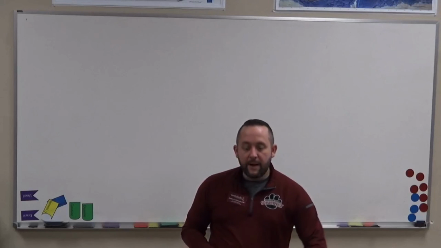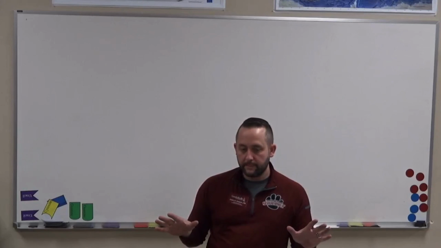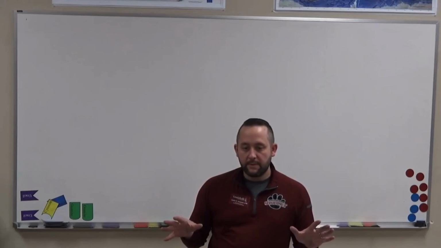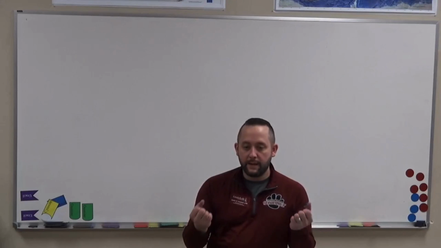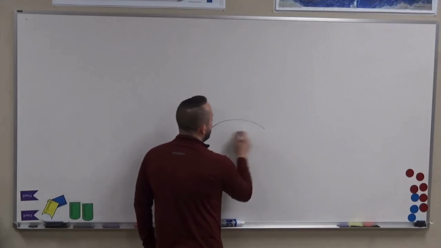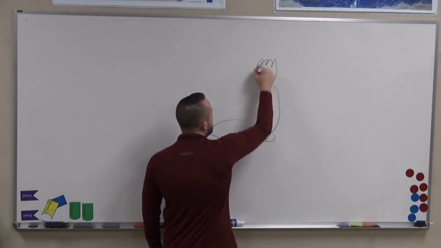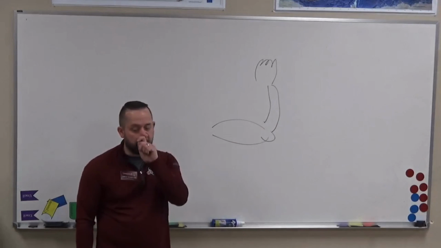And just FYI, every muscle movement you make is the effect of one muscle doing a pulling motion. So if I want to flex my arm, my fingers, it's a terrible drawing, I know.